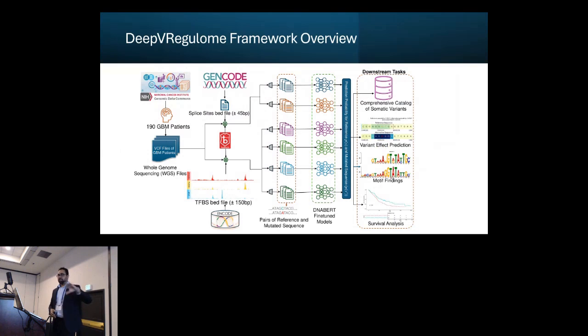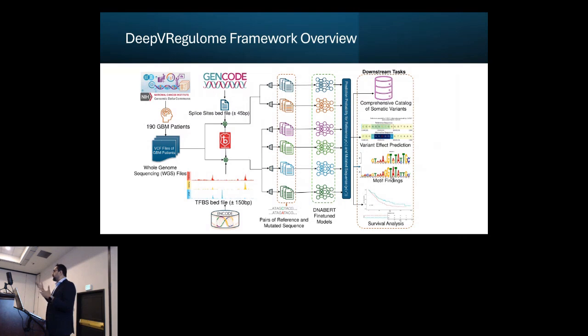So I just showed the two schematic diagrams of the fine-tuning and downstream task. This is the overview. I am not going into the first part, but for the downstream tasks, right now we have done a total of 4. The first is creating the candidate variants we got from the DNABERT models; we make a database.